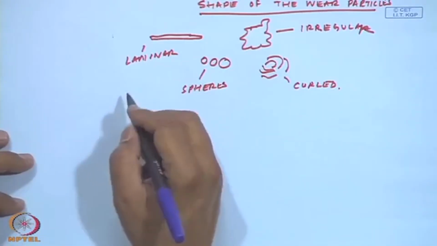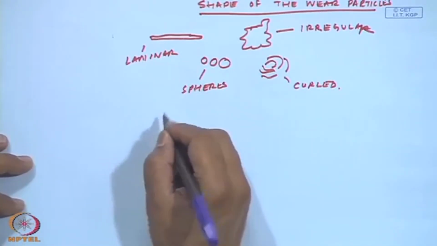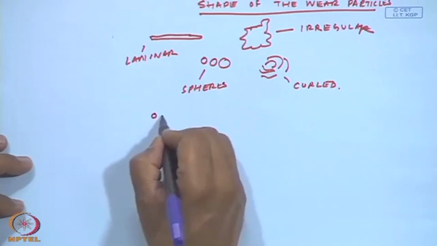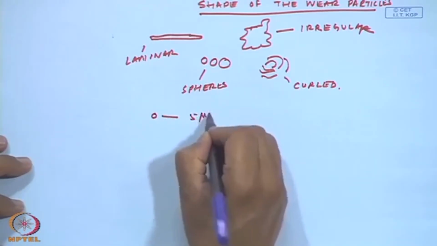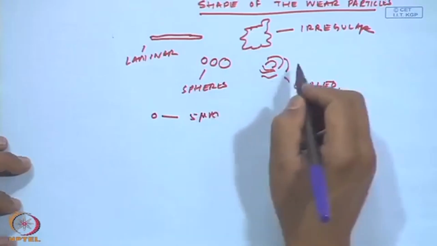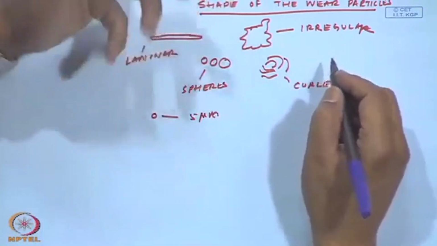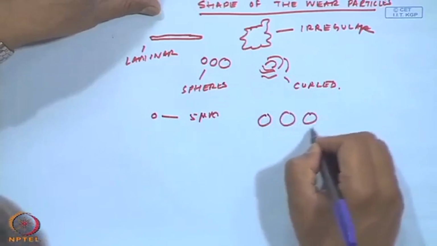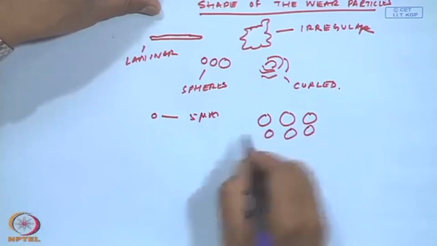But the rate is very important, because what will happen, we have some particles having maybe 5 micron size. Suddenly, if the surface has worn out so much, I am getting large boulders, large spheres.